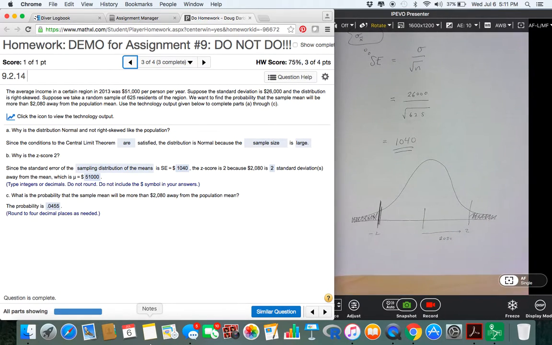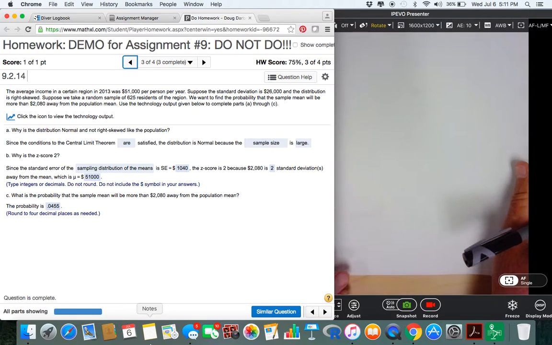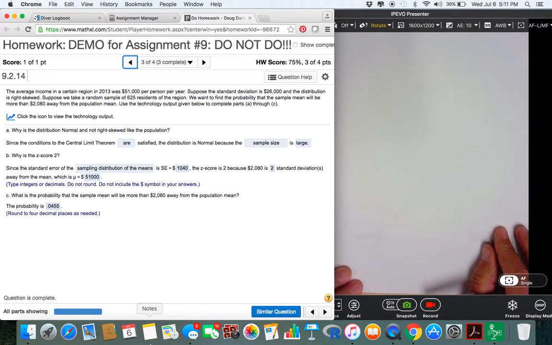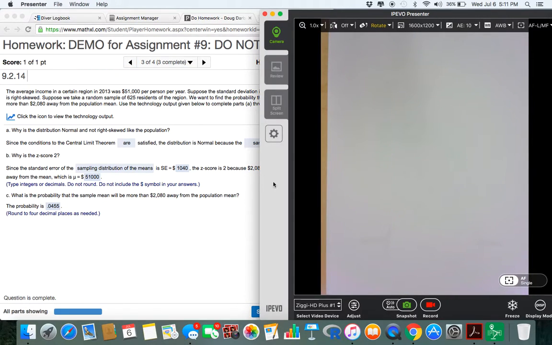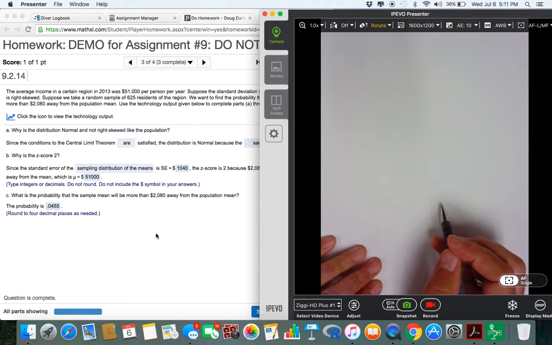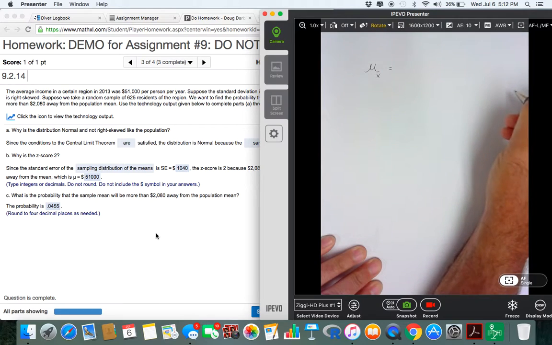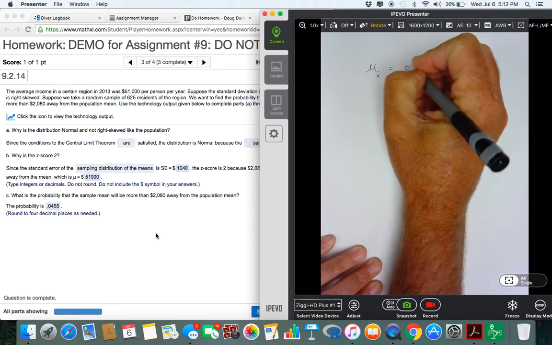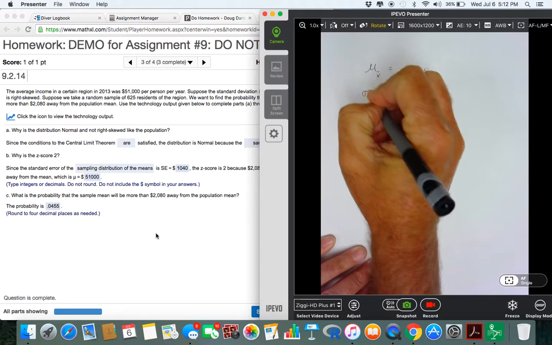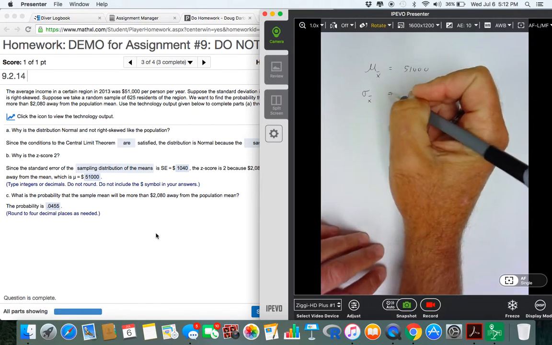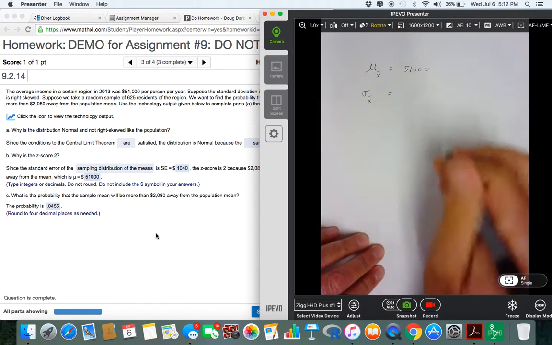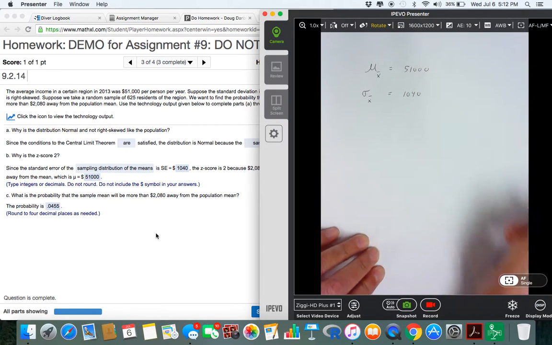Well, gang, what we could do, and I'm not showing you this to confuse things, I'm just showing you this to get you thinking not necessarily about z-scores, but thinking about the population distribution. So guys, in the population distribution, we have a mean for the sampling distribution of 51,000. We have a standard deviation, as we saw earlier, called the standard error of 1,040.